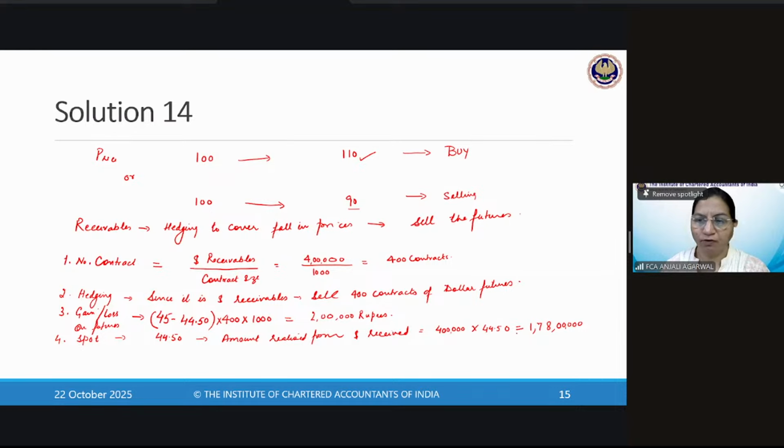So your net inflow would be 178 plus 2, 180.